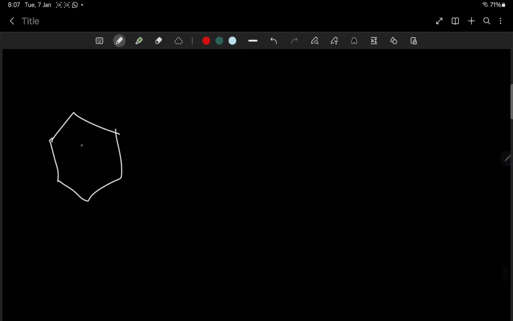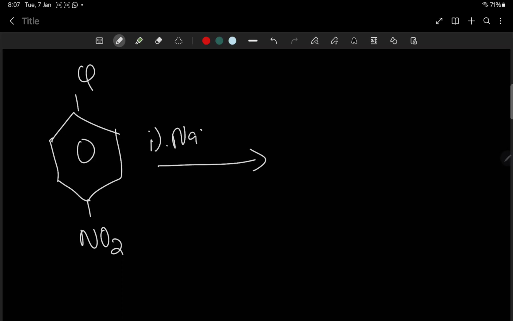But if we are having Cl here and an NO2 group in the para position, the reaction can be made simpler. That is, NaOH can be added somewhat more easily at 443 Kelvin, and H plus. Such high pressure is not needed. Somewhat more easily we can do the nucleophilic substitution reaction.